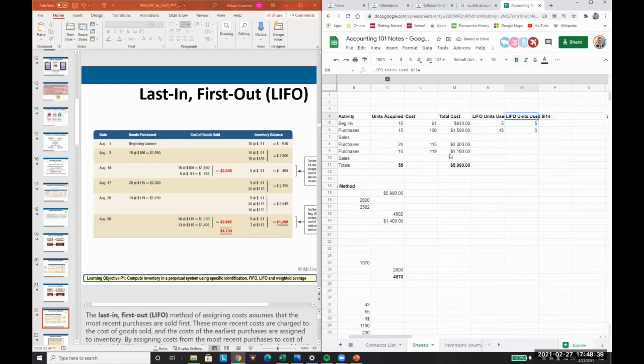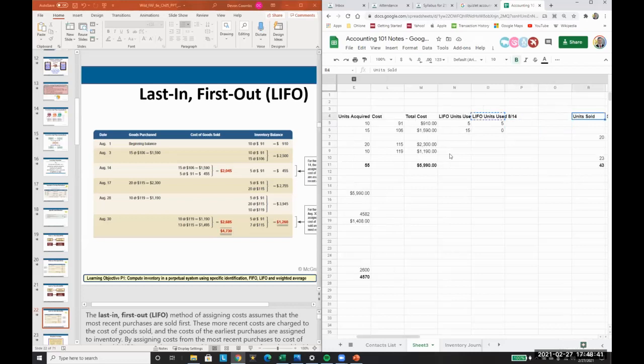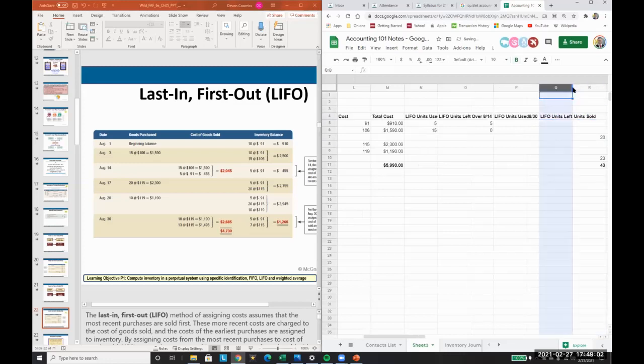And then we can also calculate leftover. Then on 830, we know on August 30th, we sold another 23.